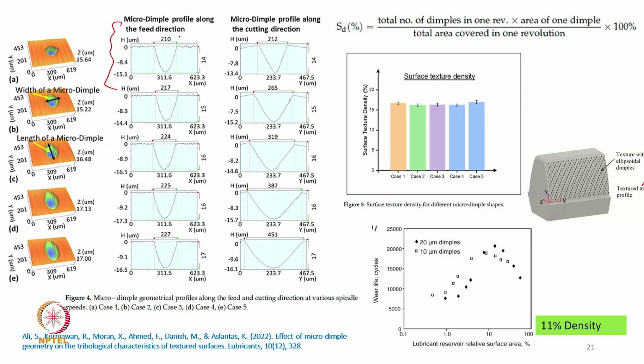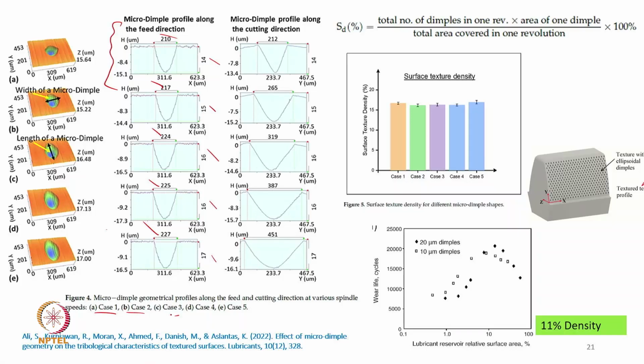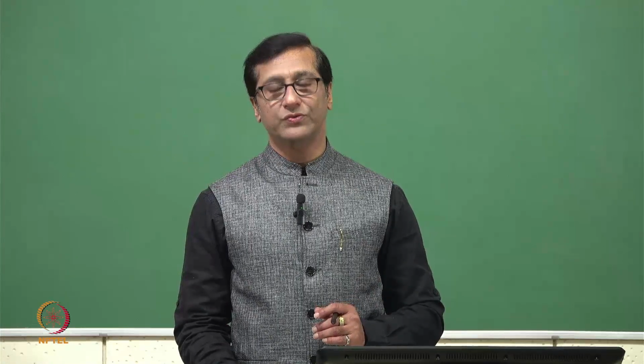You can see the 210 micron dimple, 217, 224, 225, 227. Coming to the depth, you can see here the depth is 14, 15, 16, 16, 17, and then they have done different cases, and they used the words case 1, case 2, case 3, case 4, case 5 to find out which one will be very useful.